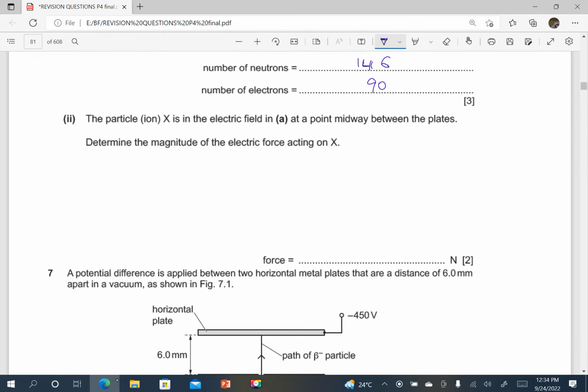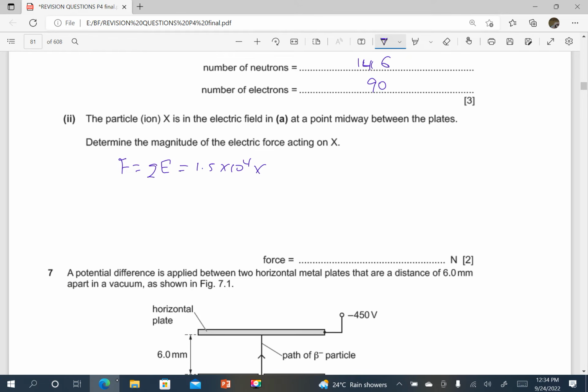The particle ion X is in the electric field in A at a point midway between the plates. Determine the magnitude of the electric force. Electric force is given by charge times electric field strength. 1.5 times 10 power 4, that was E, times the charge.